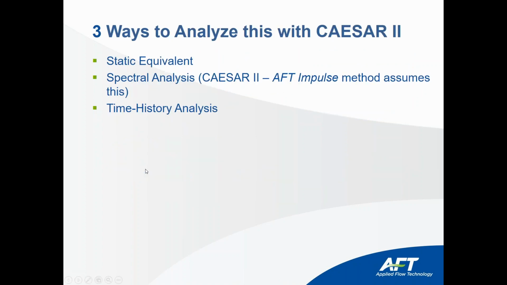So Caesar does three types of analysis when it does a stress analysis. It's the static equivalent, which we're not going to talk about in this presentation. It does the spectral analysis and the time history analysis.